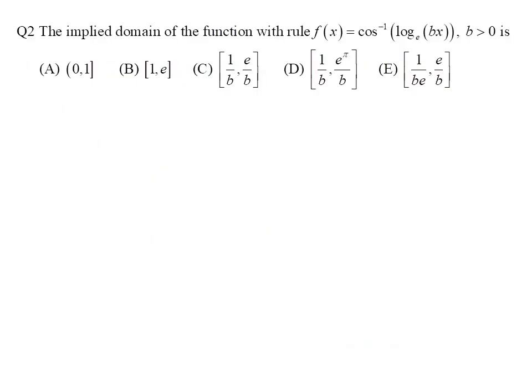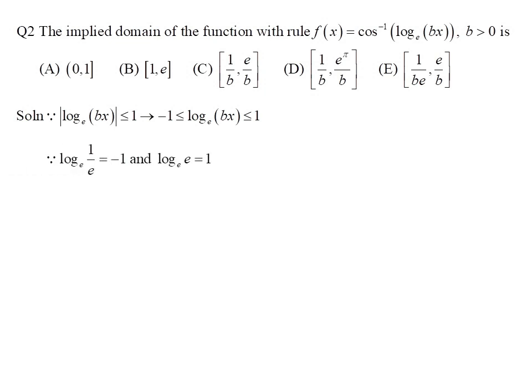Question 2 is to find the implied domain of the function f of x, which equals arc cosine of logarithm base e of bx, where b is greater than 0. According to the rule of the function, as well as the properties of the arc cosine function, logarithm base e of bx is greater than or equal to negative 1, but less than or equal to 1.